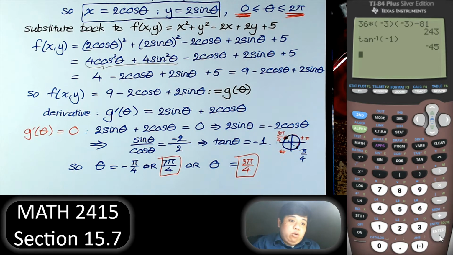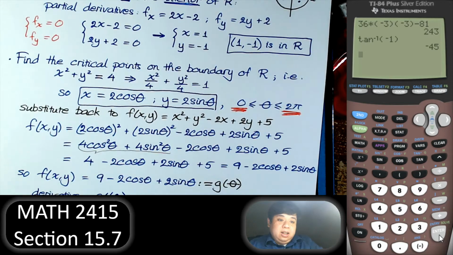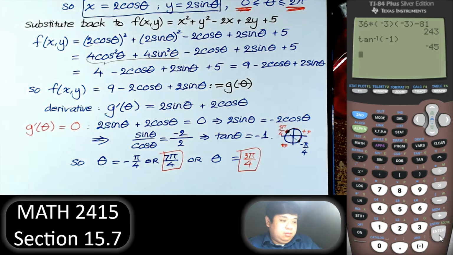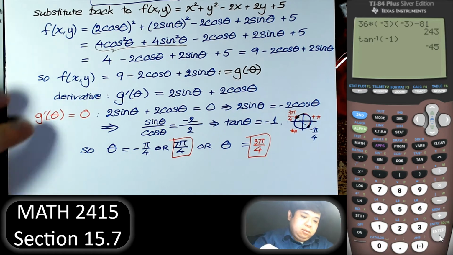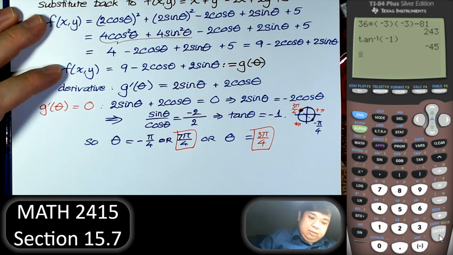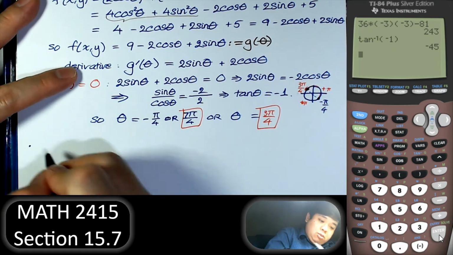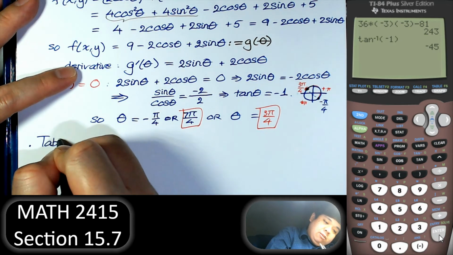So far, what points do we have? (1, -1), and those theta values. Now collect all those points. Last step is just put everything in the table and compare them.